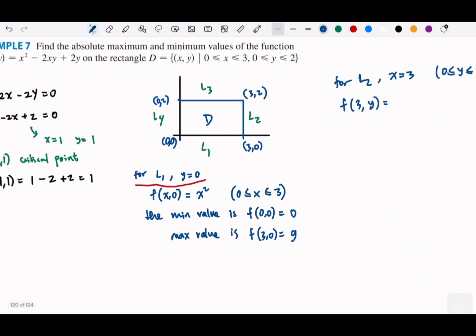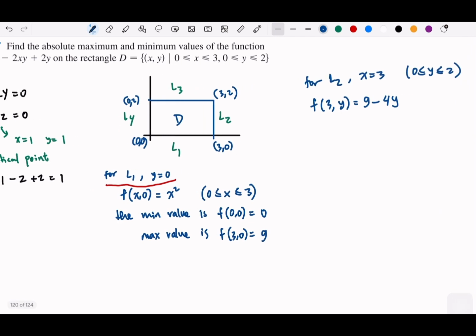Now 3 squared is 9, minus 2 times 3 is 6y, plus 2. So 6 minus 6 plus 2 is 4, so minus 4y.